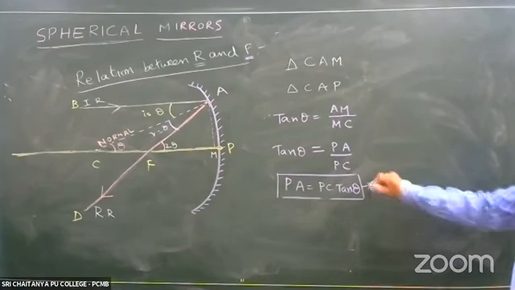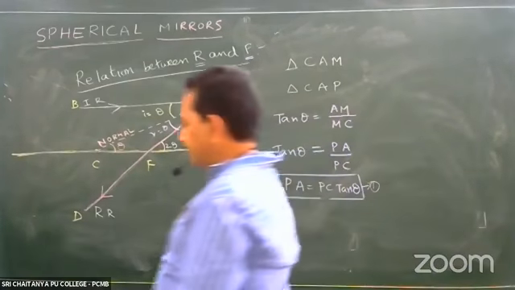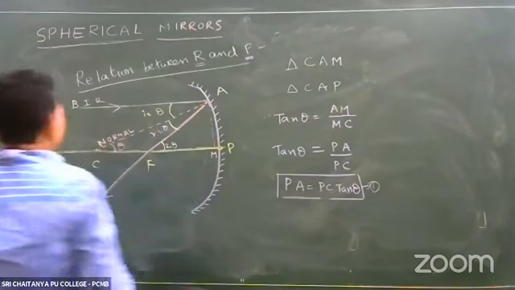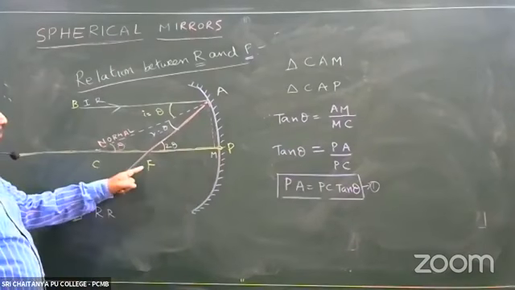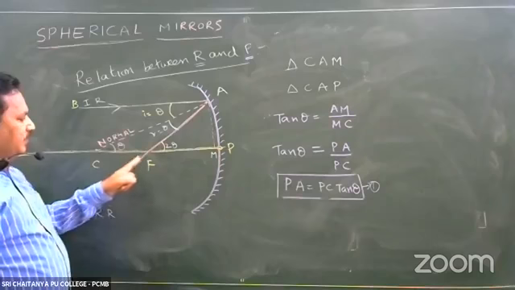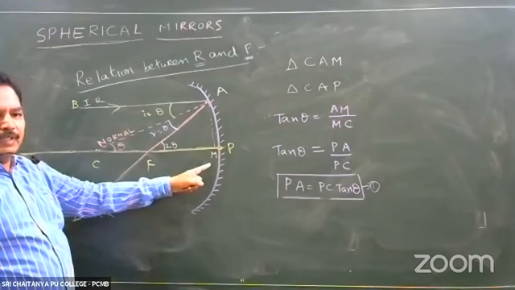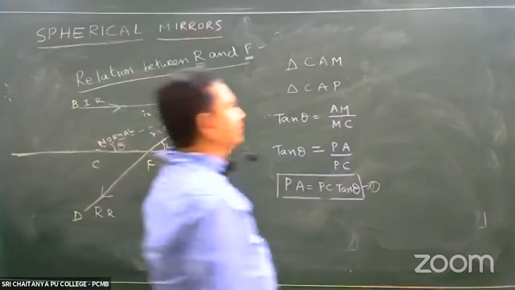This is by considering the triangle CAM, which is a right angle triangle. Now consider the second triangle FAM. Once again, a right angle triangle.